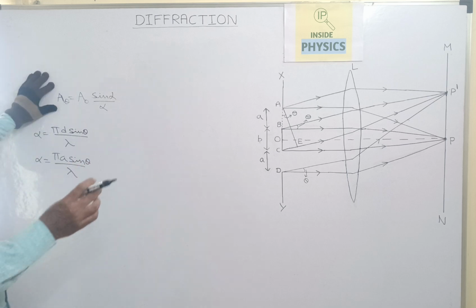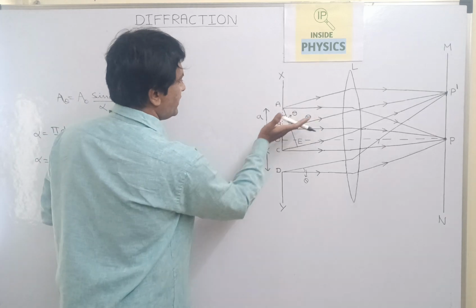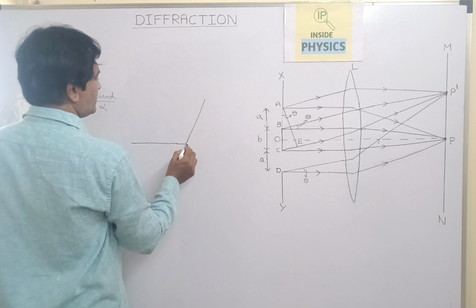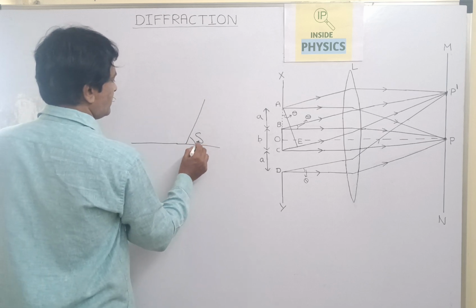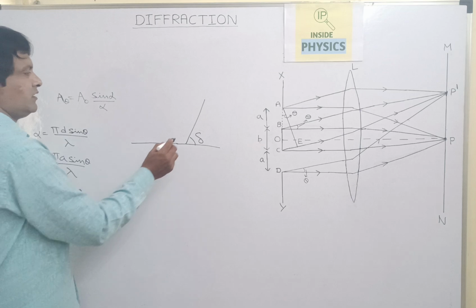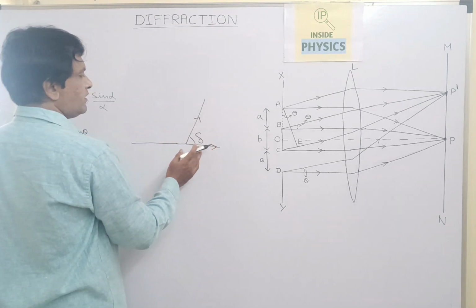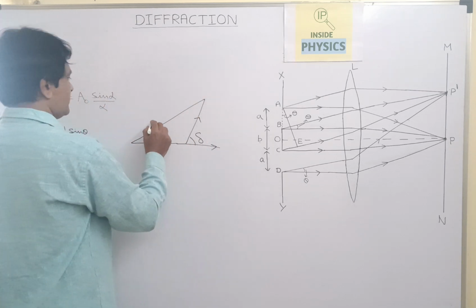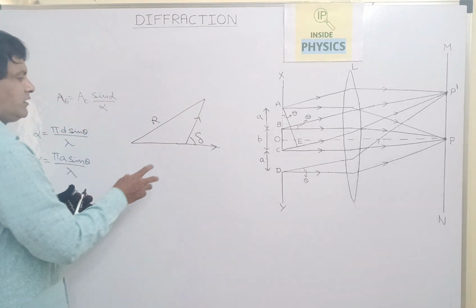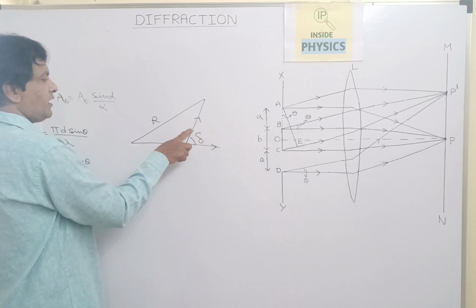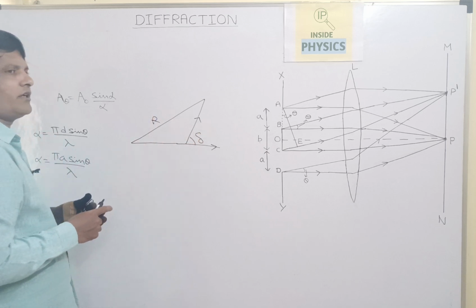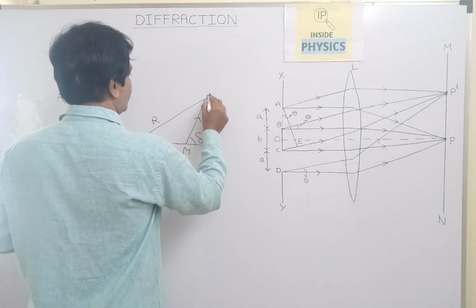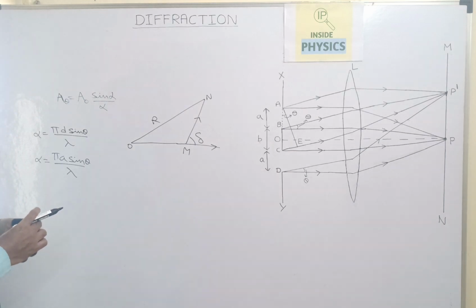By considering the undeviated ray and diffracted ray as a vectorial diagram, we can consider delta as the phase difference between the diffracted ray and the parallel ray. This is the resultant amplitude. If these two waves have a phase difference and overlap to form the interference pattern, the resultant amplitude can be taken from the parallelogram law.